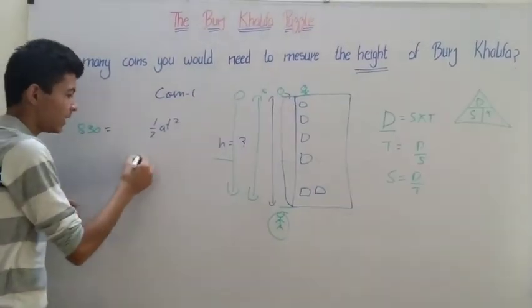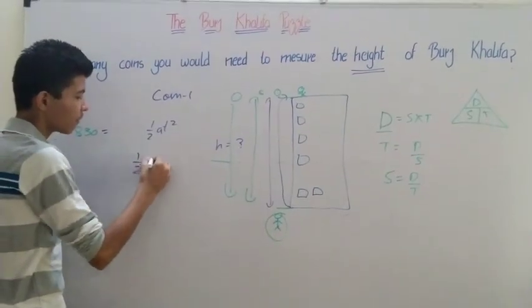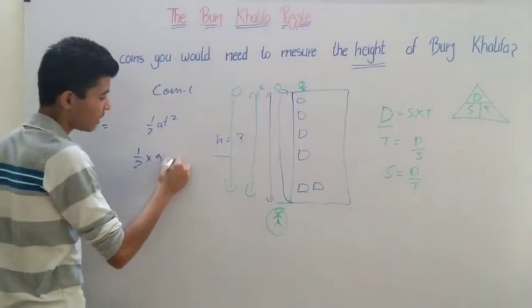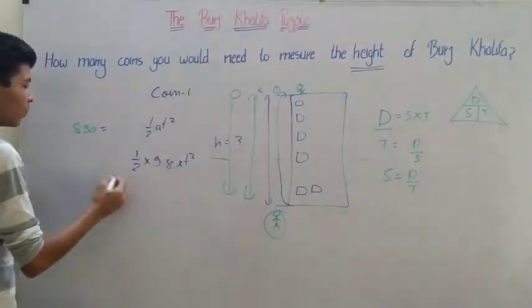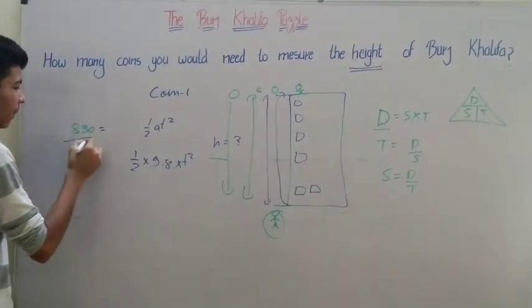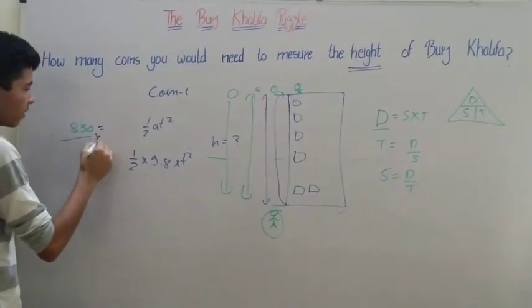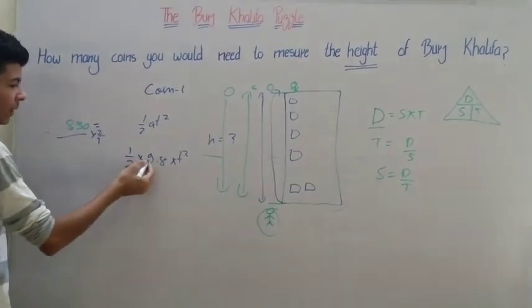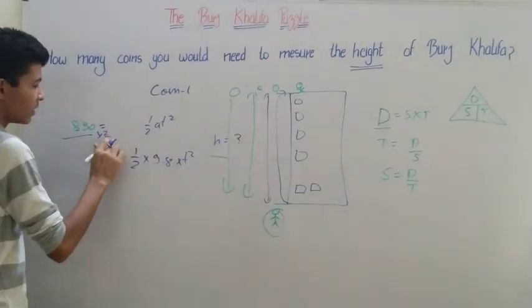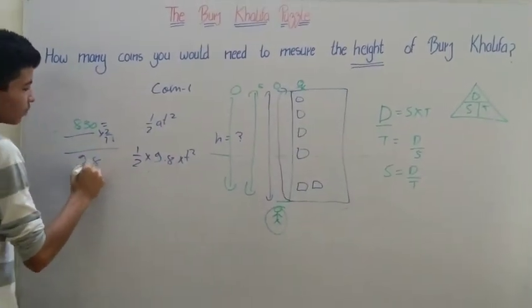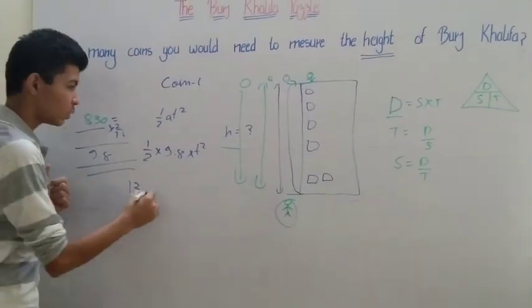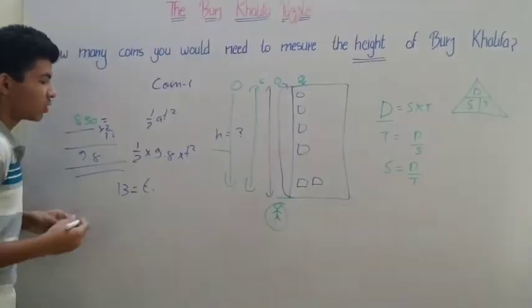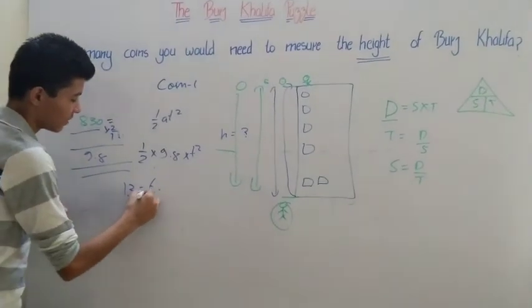So half multiplied by 9.8 multiplied by t square. Moving the half across, it is multiplied by 2, and then we divide by 9.8. When you simplify, you get an answer nearest to 13, so the time is about 13 seconds.